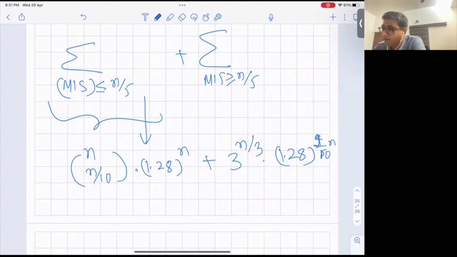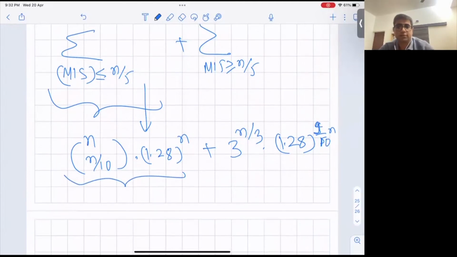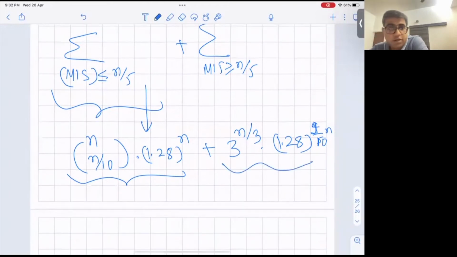9 by 10 n. But what is this left hand side? This is like 1.80 something, and this is 1.38.